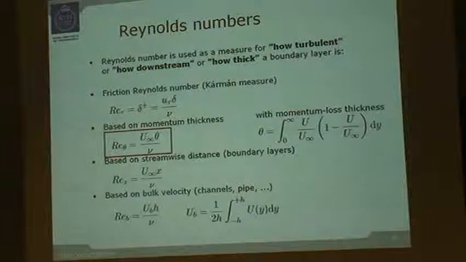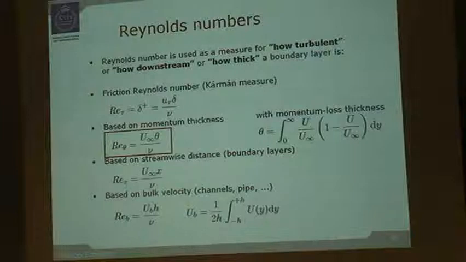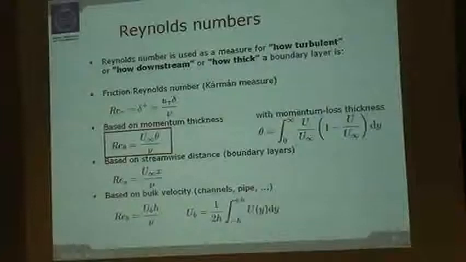We have here the Reynolds number based on the momentum thickness. Remember again, the momentum thickness was similar to the displacement thickness. And this is a measure that gives an indication of how thick the boundary layer is. And obviously this is used mainly for boundary layers. We have here the Reynolds number based on the streamwise distance. This was already used in the lecture by Hendrik as the streamwise distance from the leading edge.